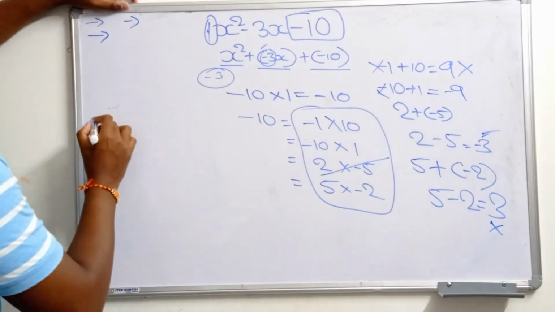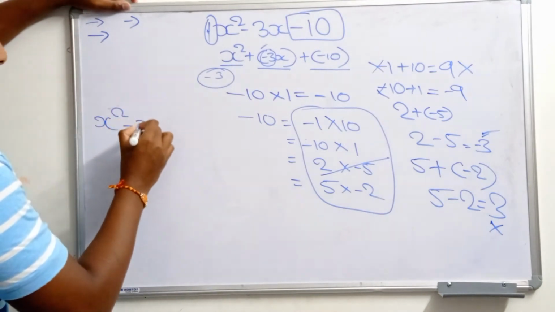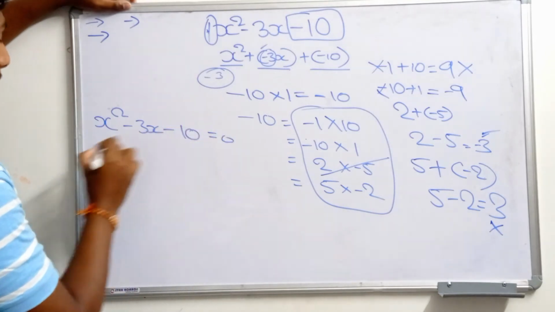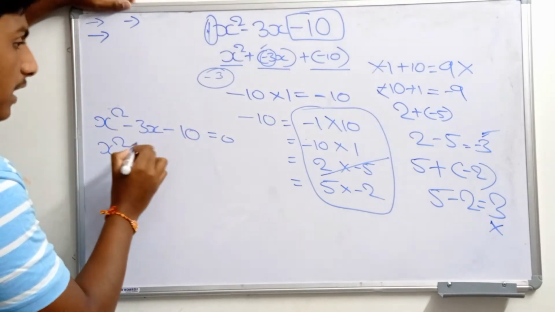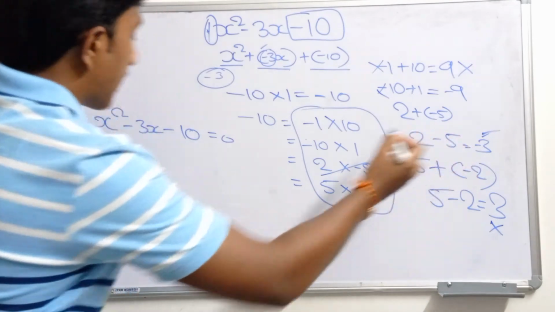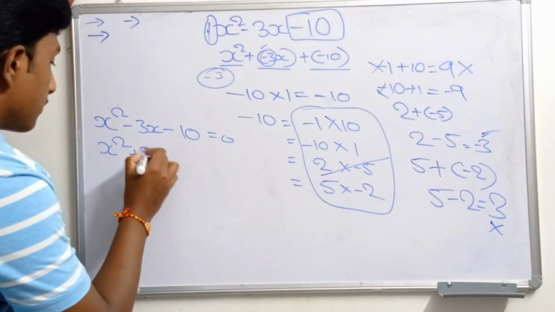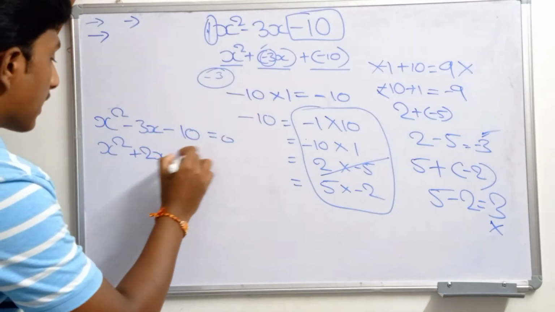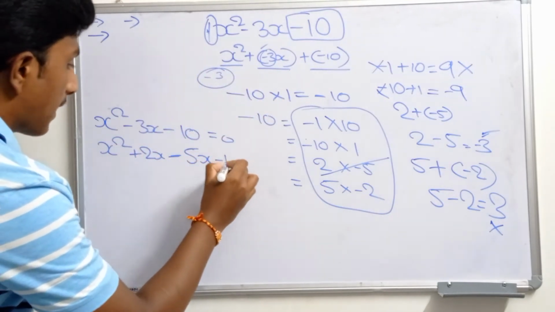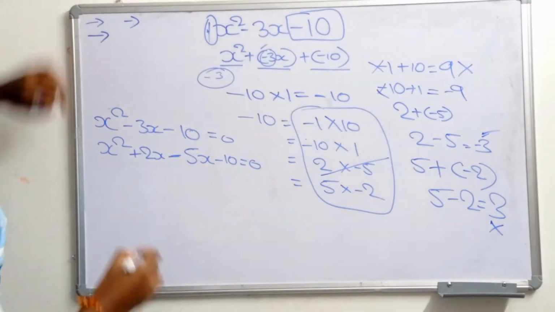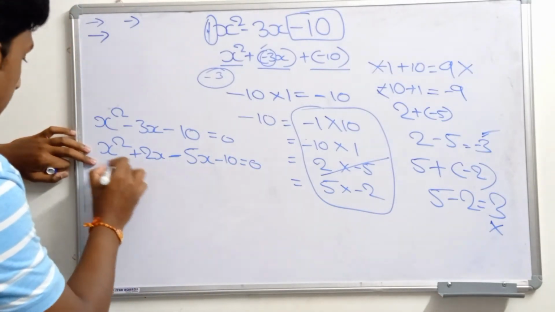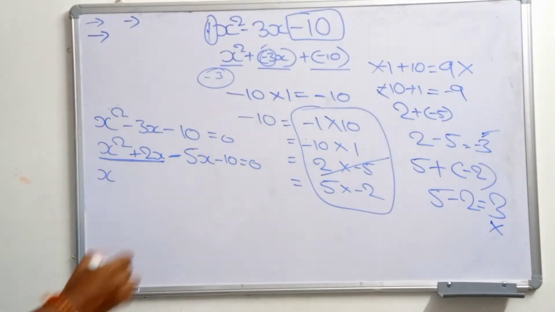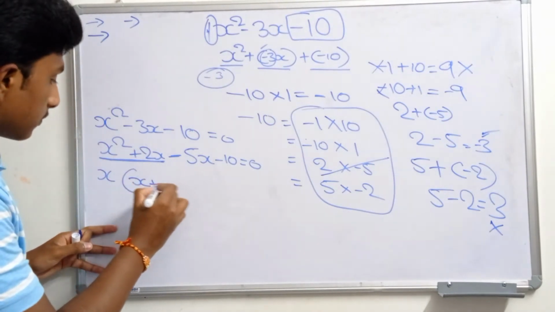So that can be written this way: x square minus 3x minus 10. This is how the equation will be, and it can be written as x square plus 2x, with the factors 2 and minus 5, minus 5x minus 10 equals 0. Here x can be taken as common from these two terms: x into x plus 2.